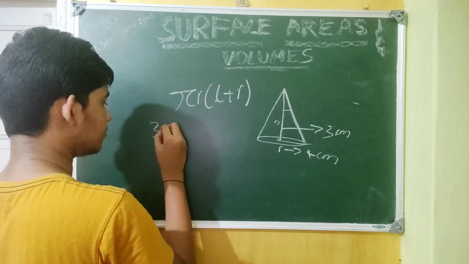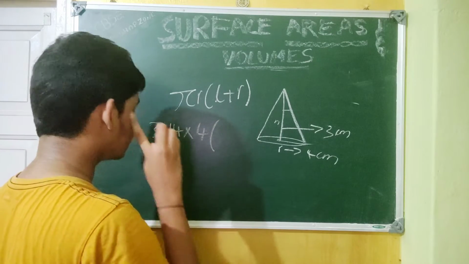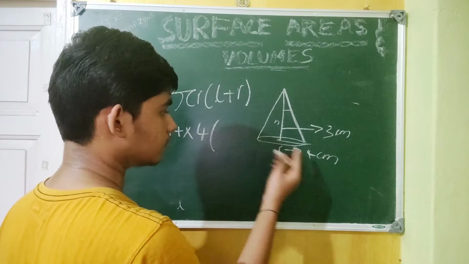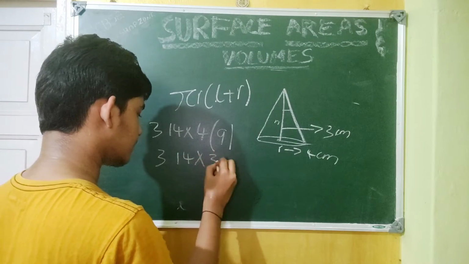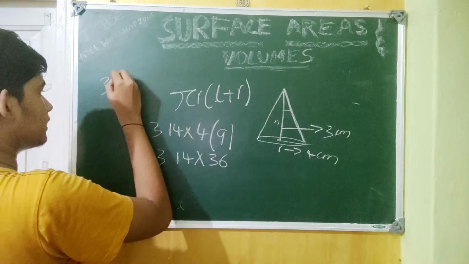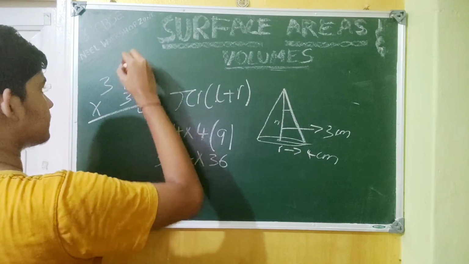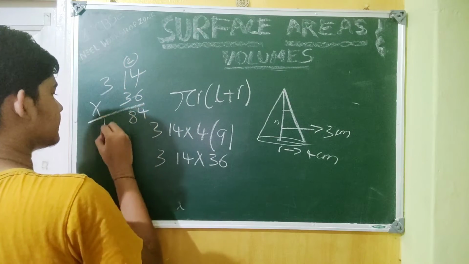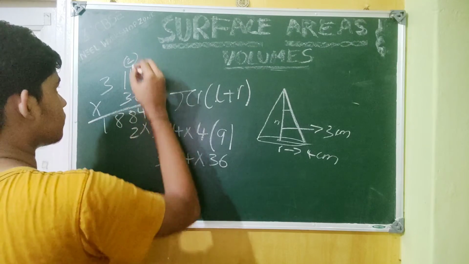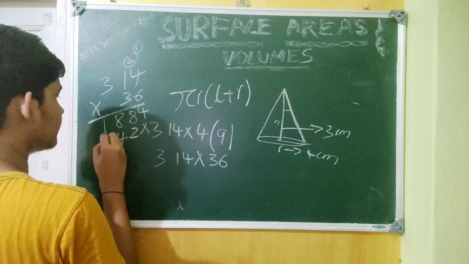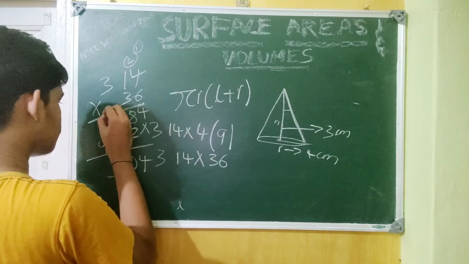Now let's plug it in this formula. So pi, let's say that's 3.14, into r, which is 4, into L plus r, which is basically 5 plus 4, so 9. So 3.14 into 9 into 4 is 3.14 into 36. Let's do this multiplication.